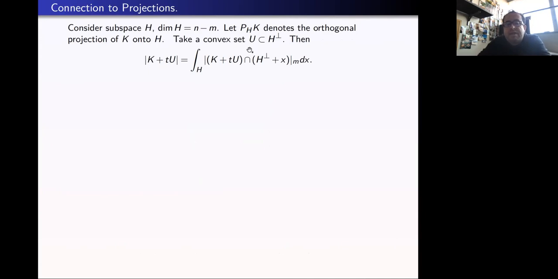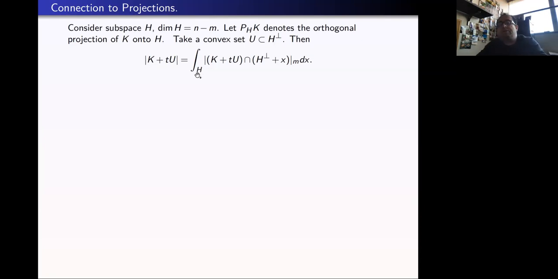If I take any convex body U in a subspace perpendicular to H, like my unit vector U that I had, like adding a segment 0U, we do here absolutely the same. So I take any convex set in a subspace perpendicular to H and consider such a sum, K plus TU.